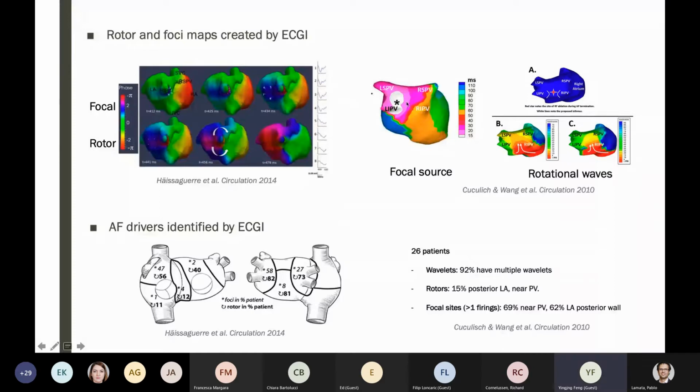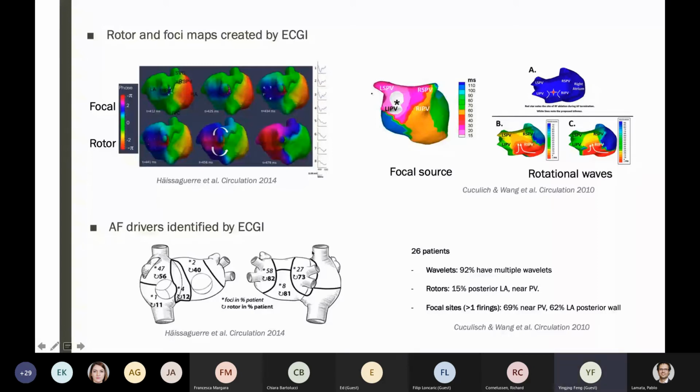In the isochrone, you can also identify the focal source and the rotational wave. And this study especially used the rotor maps to identify an ablation lesion, after which the AF was terminated.